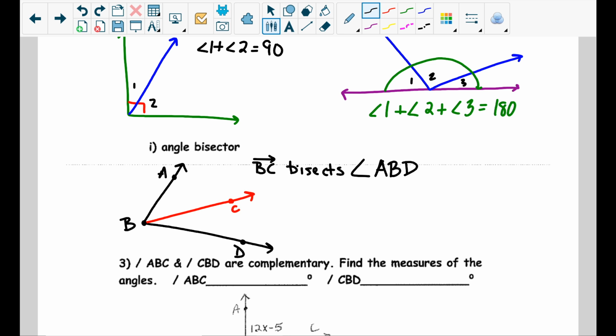So what that means is that angle ABC is congruent to angle CBD. 2 angles in there.